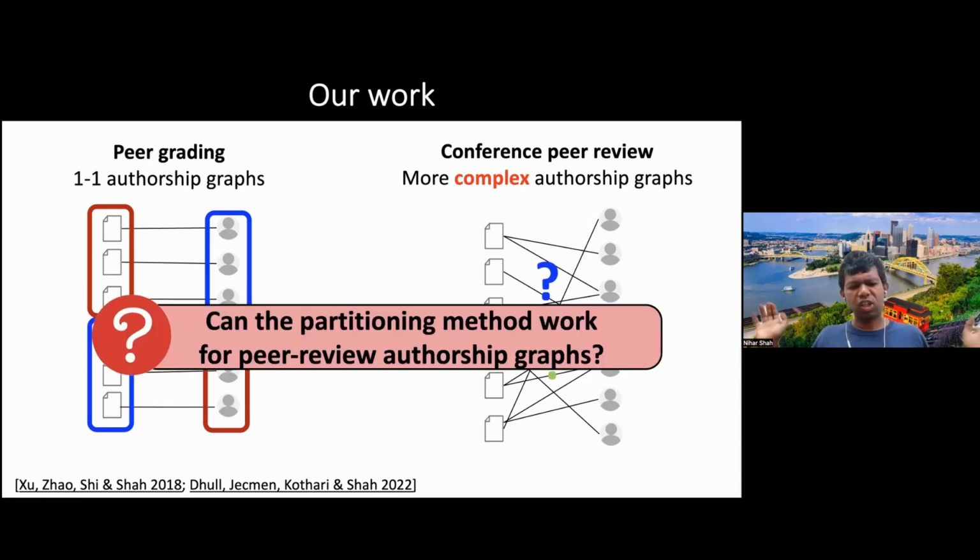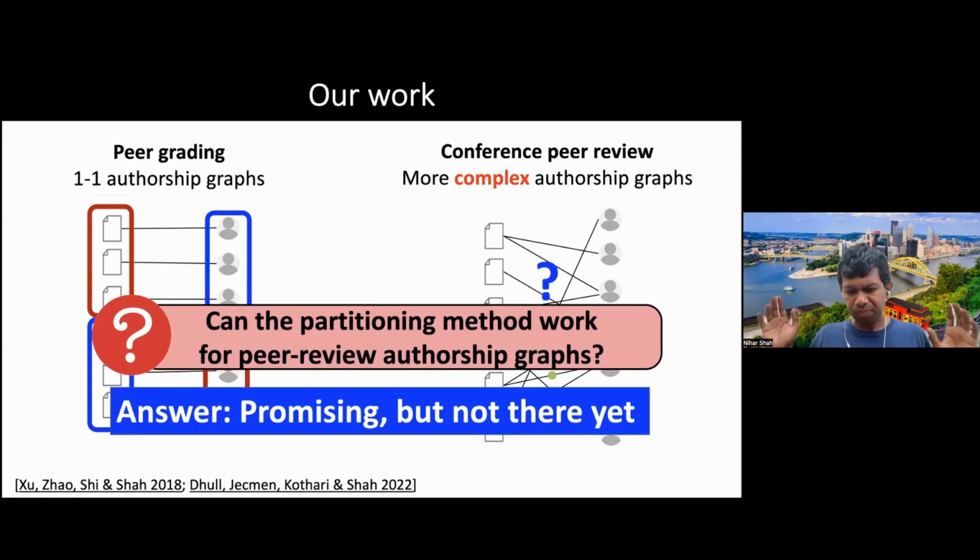The question that we ask is, can this partitioning method work for such peer review authorship graphs? And what we find is yes. It's promising to make it work, but we are not there yet. There's some more work to be done. I'll keep this at a higher level for time constraints. Any other questions? My goal was to introduce you to the main problems here.